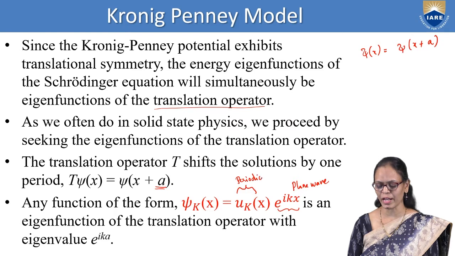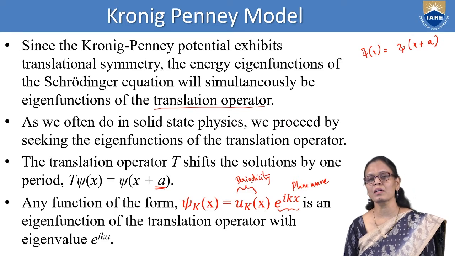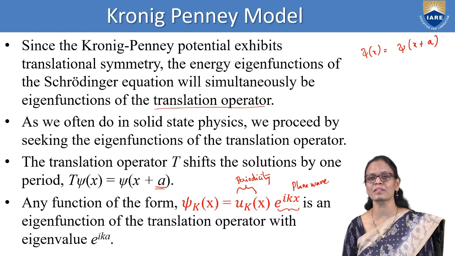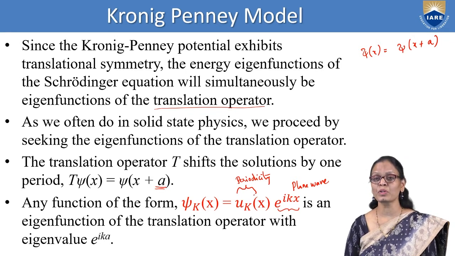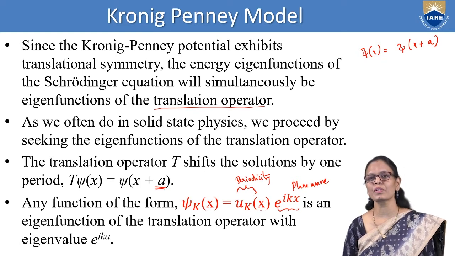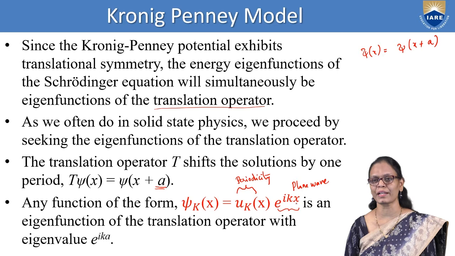So when we are considering an electron in a periodic potential, we also have to consider the wave function and put in the periodicity function. So here psi k of x is equal to u k of x into e power i k x.